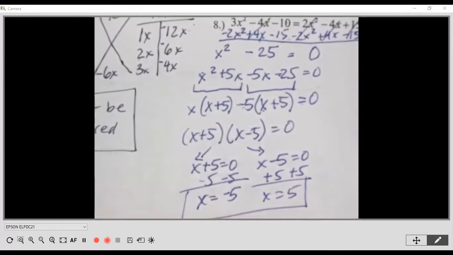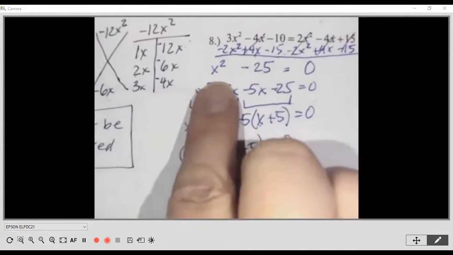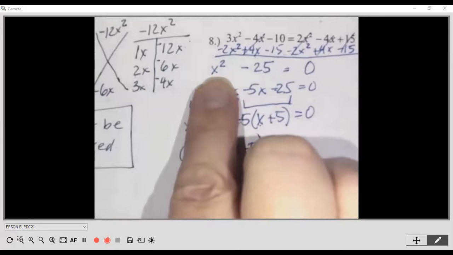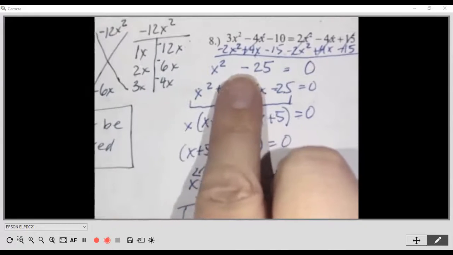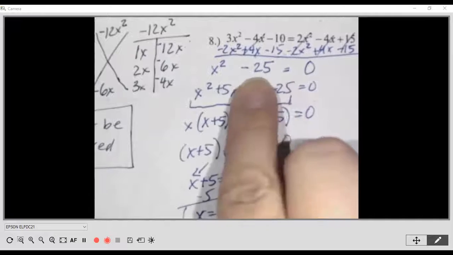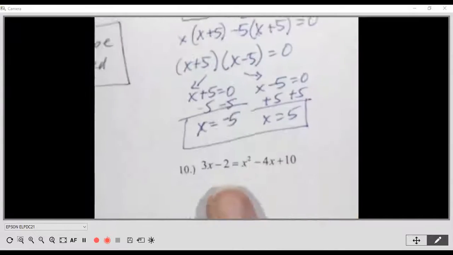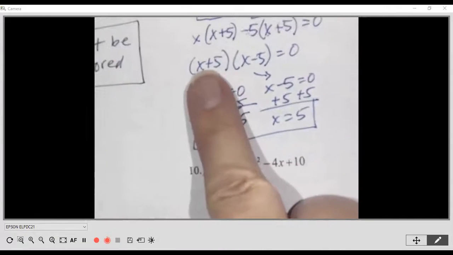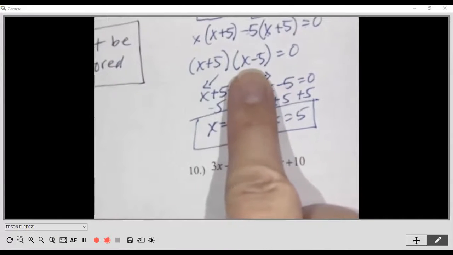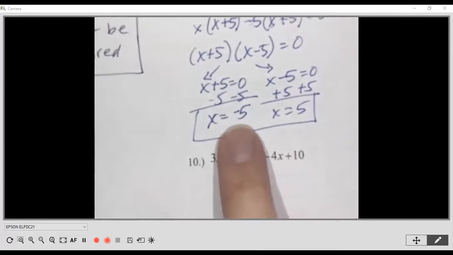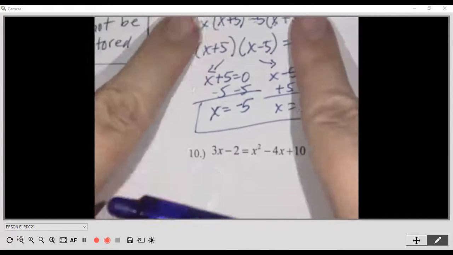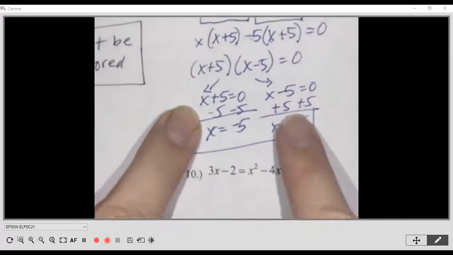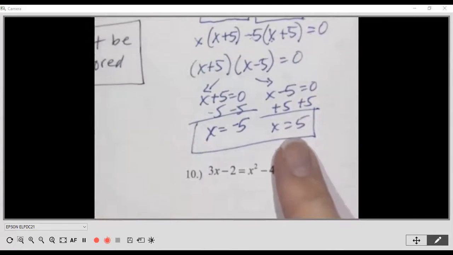Okay, and you will get to the point where as soon as you see this, x squared minus 25, you'll know these are perfect squares. It has a negative, so that's going to factor into the quantity x plus 5 times the quantity x minus 5, which is going to give you the zeros at x equals 5 and x equals negative 5. Okay, and then I'm okay with you skipping all of this factoring and just memorizing that.